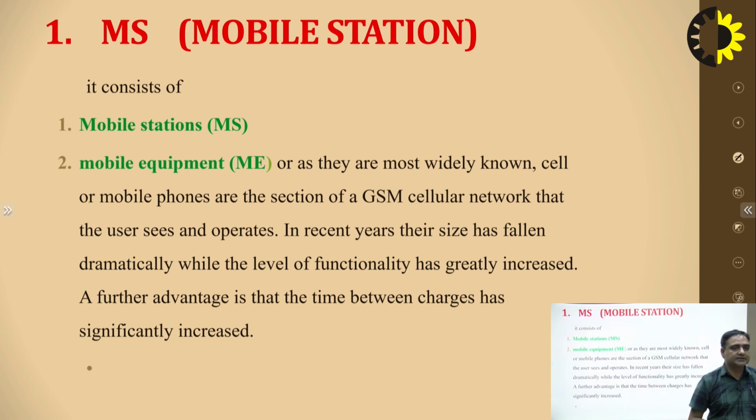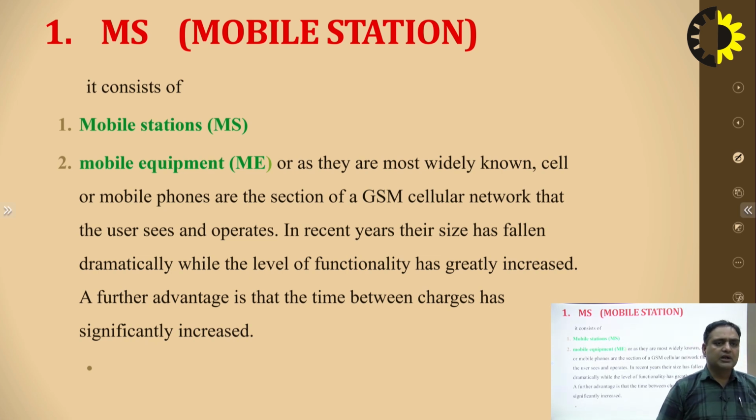In recent years their size has fallen dramatically. 20 years back we were using heavy cell phones in terms of weight, but nowadays we are using cell phones which are lighter, small in weight.